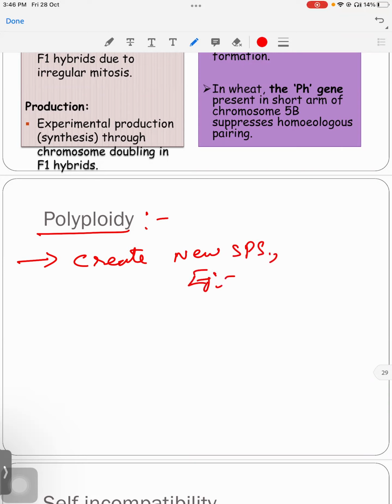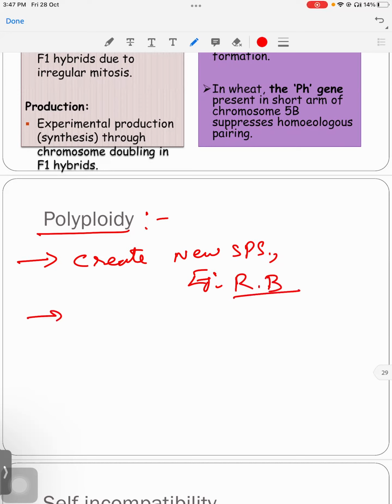For example, Raphanobrassica. I'm just writing all these things in short; you should note them down.